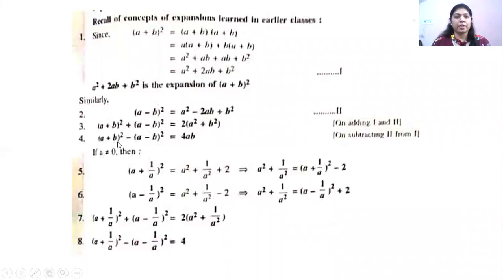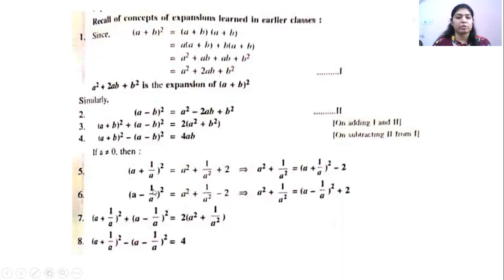And if we write 1 by a instead of b, where a is not equal to 0, then (a plus 1 by a) whole square gives you a square plus 1 by a square plus 2a into 1 by a. We can cancel that a, so we are left with a square plus 1 by a square plus 2, which can also be written as a square plus 1 by a square is equal to (a plus 1 by a) whole square minus 2.